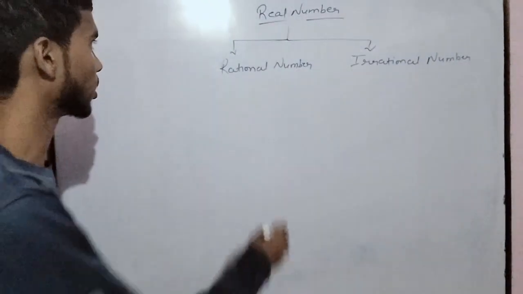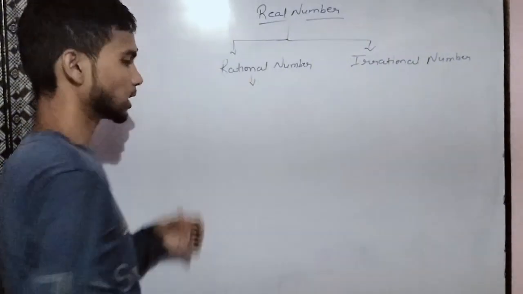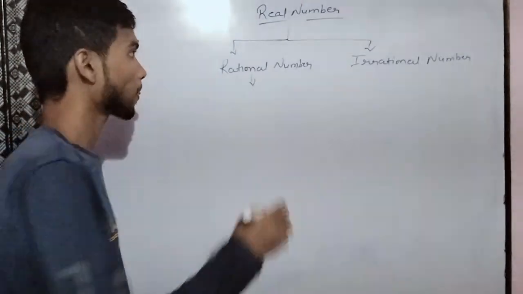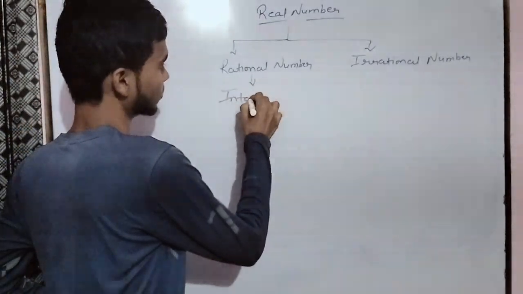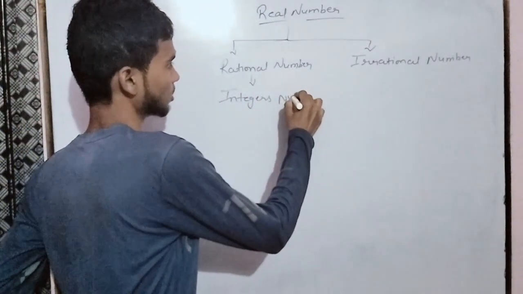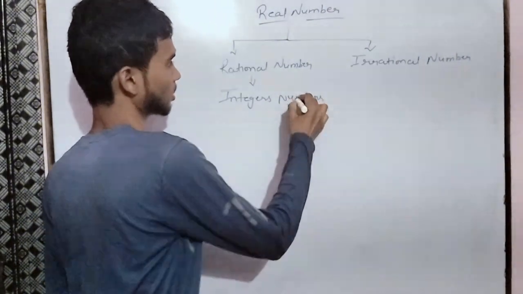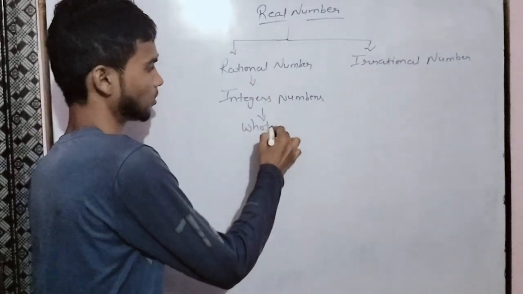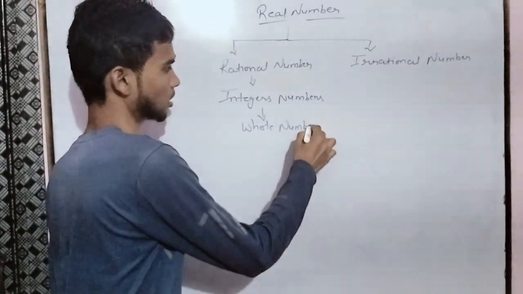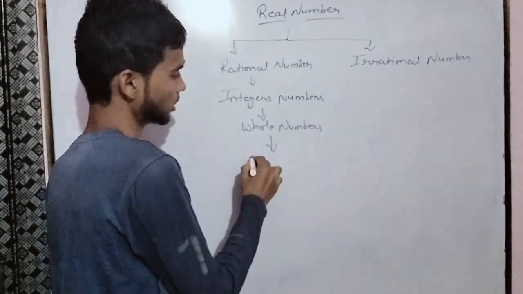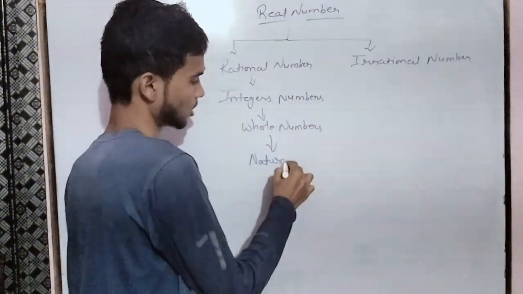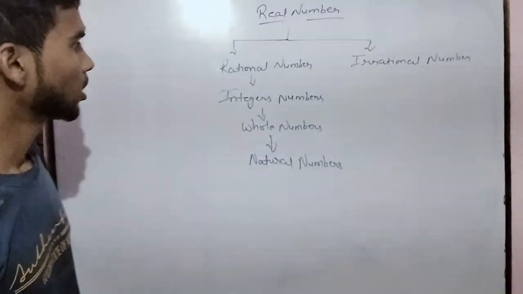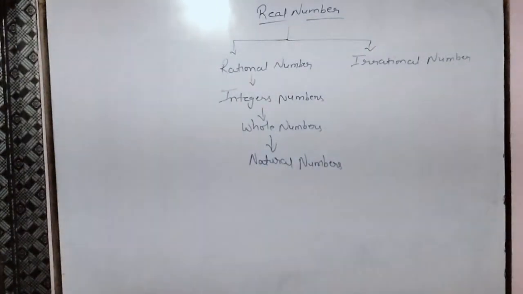As you know, next will come integers, then whole numbers, then natural numbers. That's all.